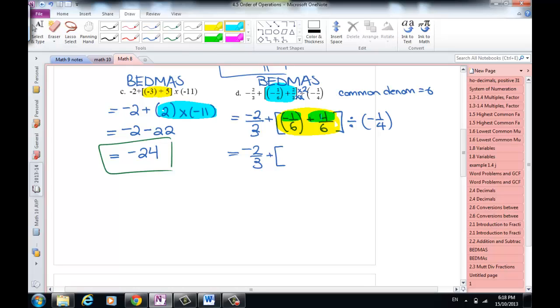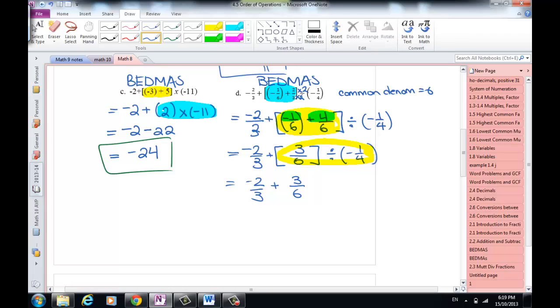So I have -1 plus 4. Well, this is going to become +3/6 divided by -1/4. And now I've simplified my brackets. I'm done my brackets. So when I go to BEDMAS again, there's no more brackets, there's no exponents, there is division. I have division occurring right here. So I'm going to rewrite this as -2/3 plus 3/6.